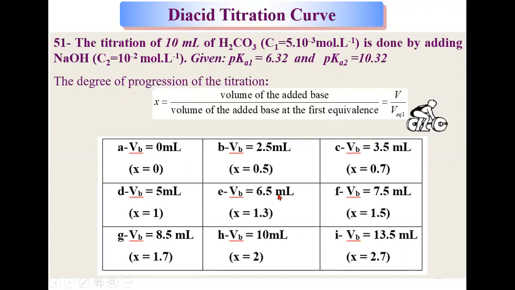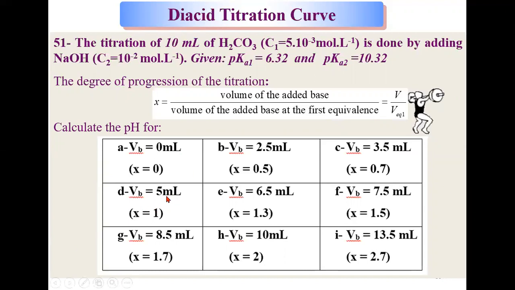At first thought, whenever you see X is equal to 1, that is my equivalence point. So I don't actually have to go and calculate V at equivalence, which is the first step you would usually do for any type of titration reaction.